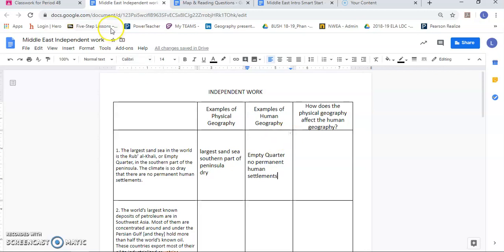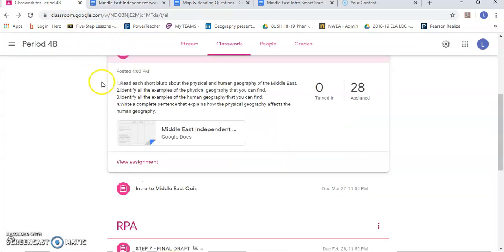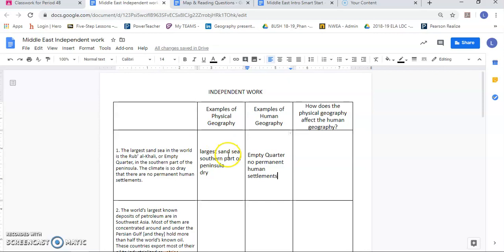So now our last thing we have to do is write a complete sentence that explains how the physical geography affects the human geography. Well, how can we connect something here with something here? Well, couldn't we say that it's dry and it's full of sand? And because of that, there are no human settlements.